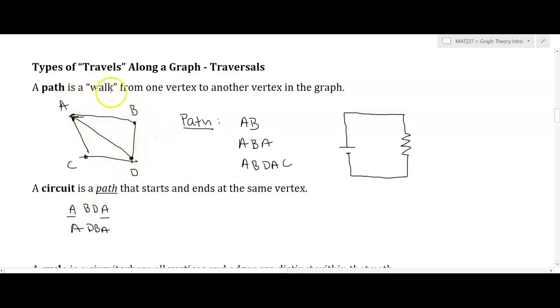We often use the word traverse. A traversal is just a route. We could traverse this graph in clockwise or counterclockwise directions. We could even have other circuits like A, B, D, C, A. We could have A, B, D, B, A. There are just so many circuits, but the restriction is it's a path that starts and ends at the same vertex.